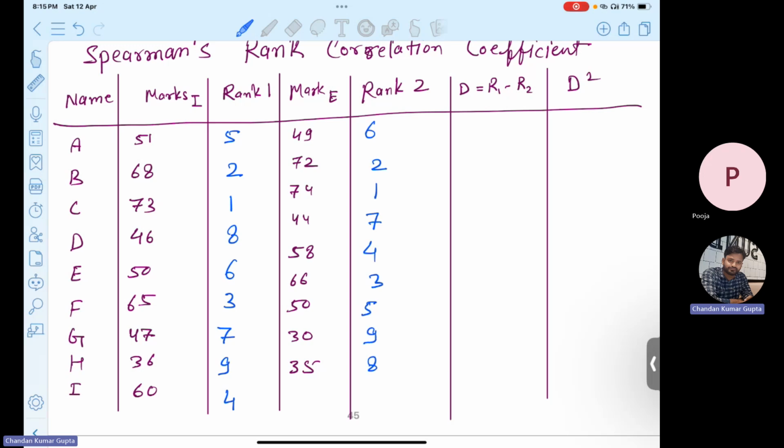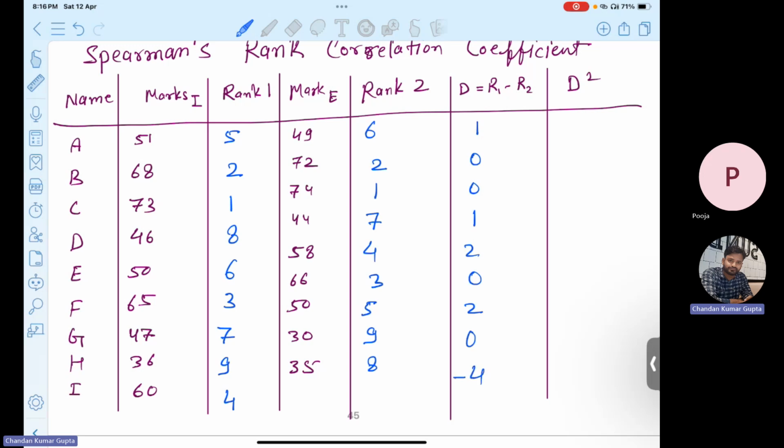Okay, so we have the ranking of these internal marks and external marks. Now the differences between these are 5 minus 6 is 1, 2 minus 2 is 0, then 1, then 2, 0, 2, 0, and minus 4.